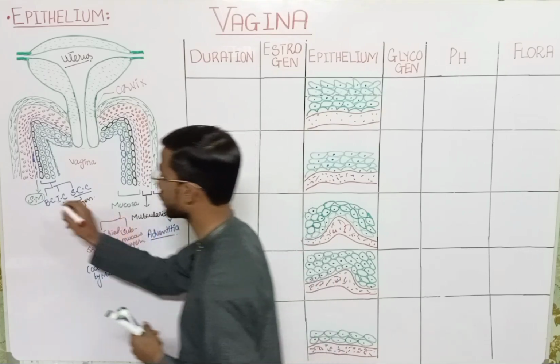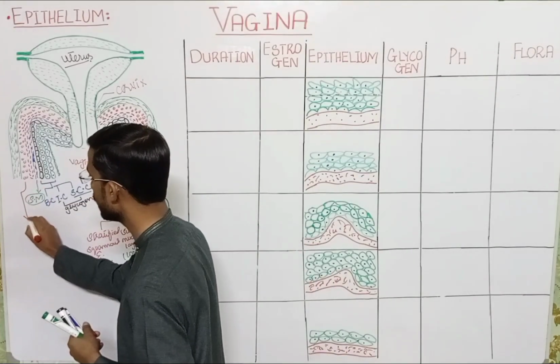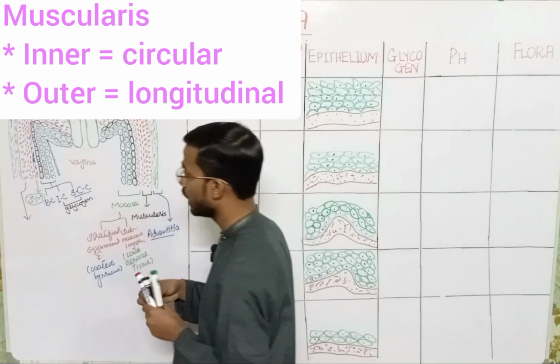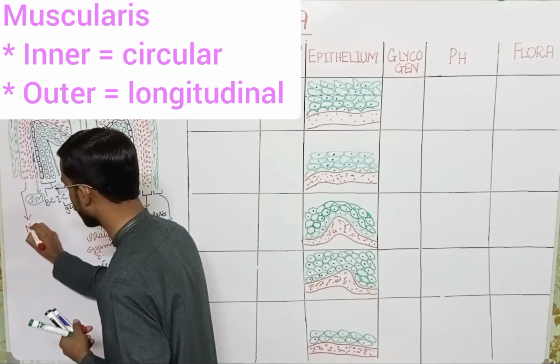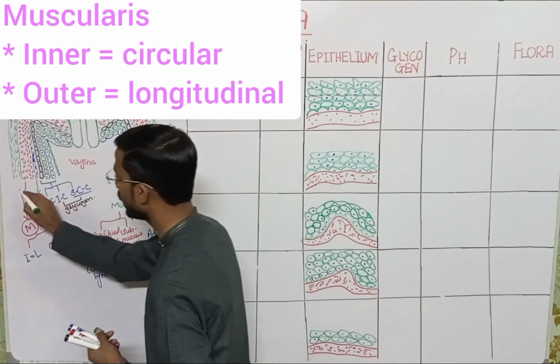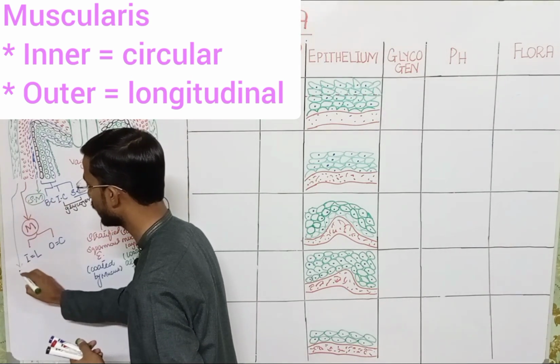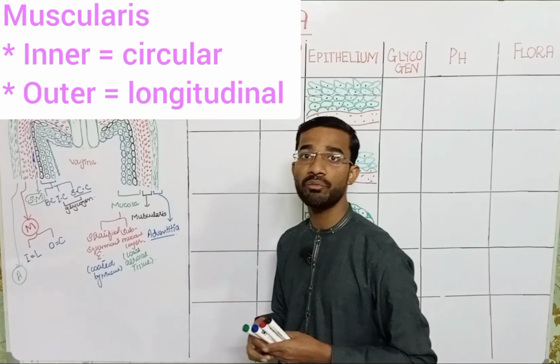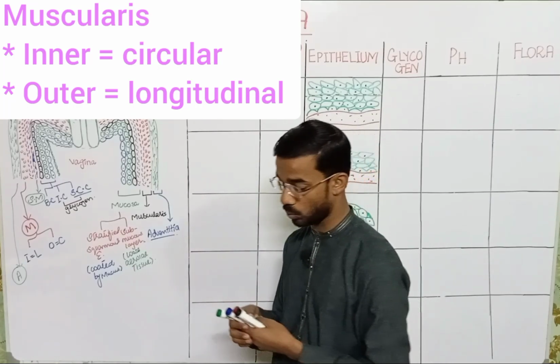Next is the muscularis. Here you see this is the muscularis layer. Last is the adventitia. Here is the adventitia, and it is also called the fibrous cord.